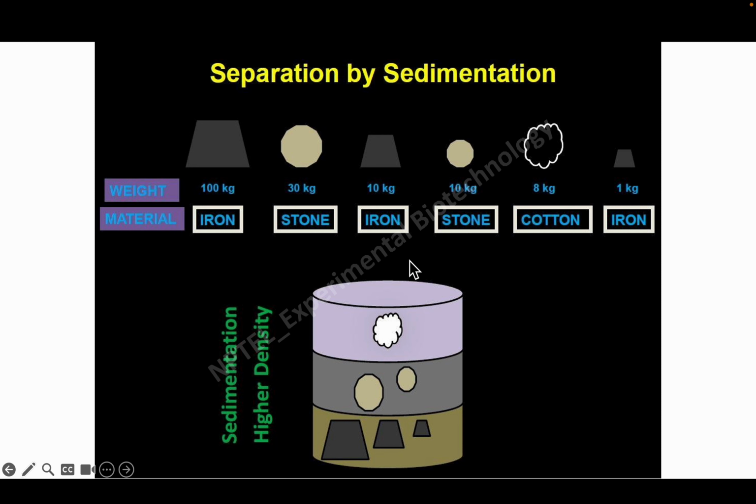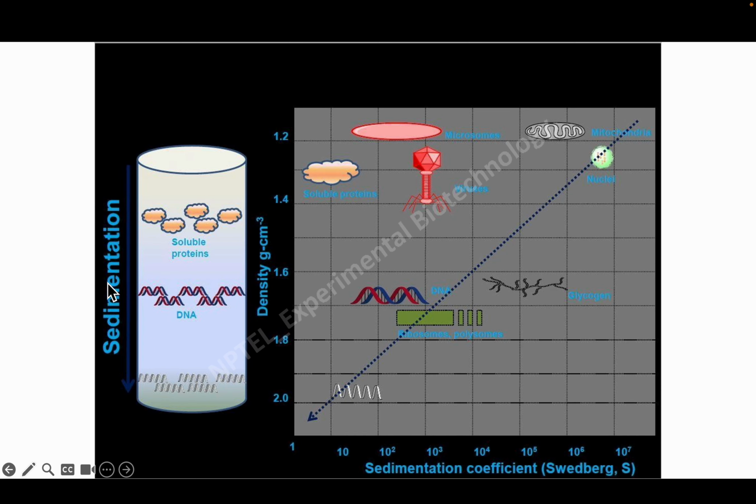Whatever density is higher, like iron, will be sedimented at the very bottom. If you are doing a sedimentation based on density, it will be in that layer where the density matches its own density. Here we can see stones of different weights but similar density, and here it's cotton. So this is the principle of sedimentation. Here again you can isolate proteins, DNAs, like that, based on the density.